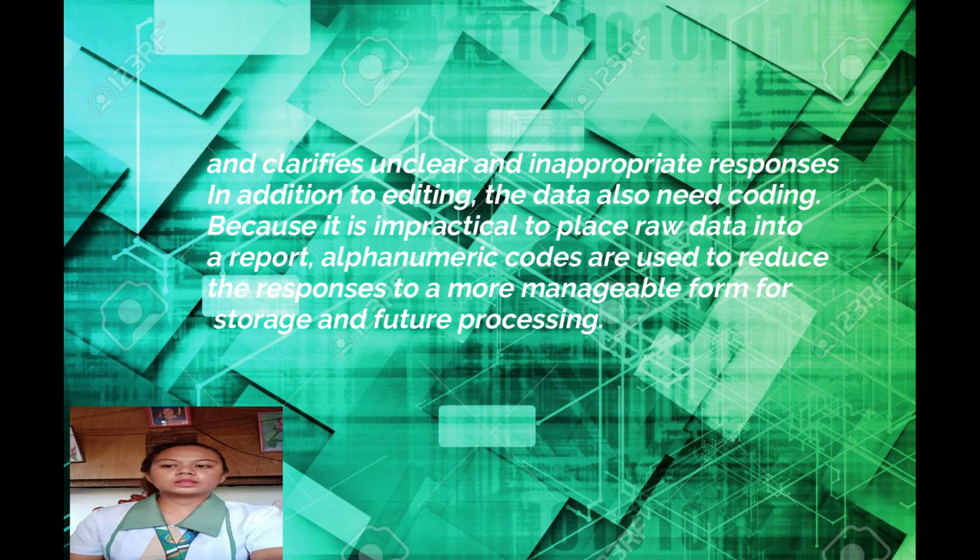In addition to editing, the data also need coding because it is impractical to place raw data into a report. Alphanumeric codes are used to reduce the responses to a more manageable form for storage and future processing.